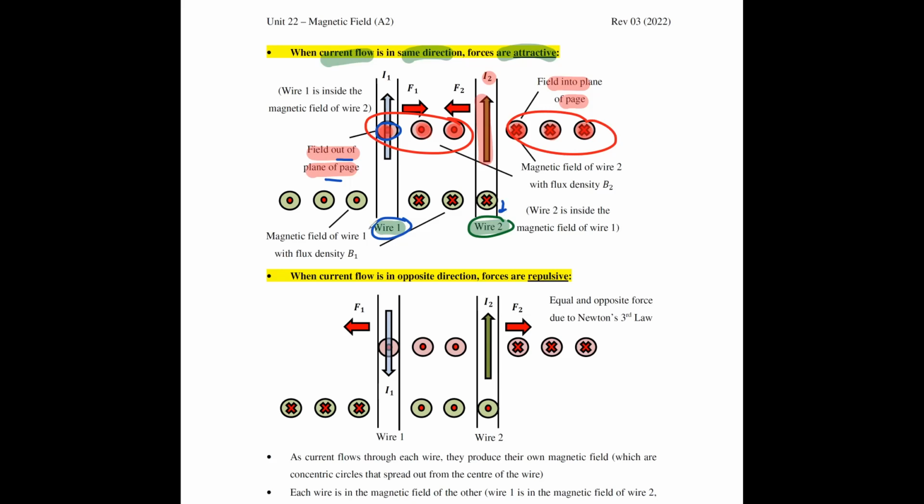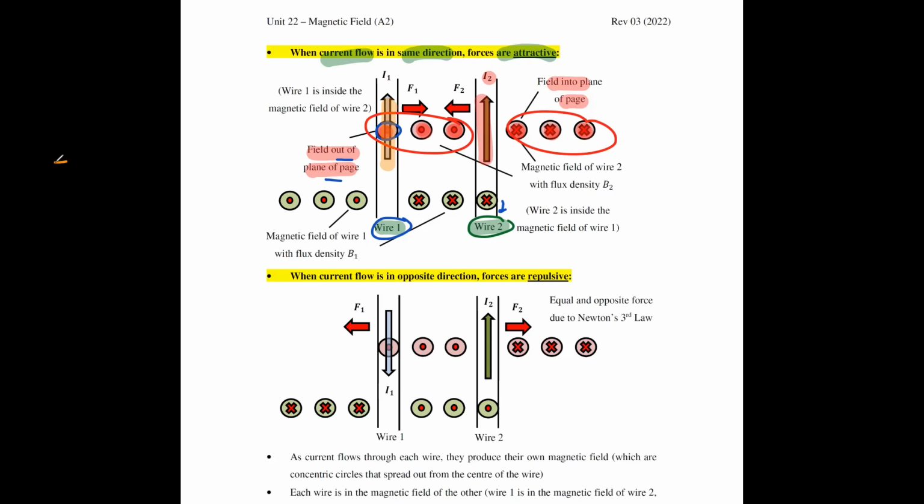So wire 1 is inside the magnetic field caused by wire 2, and at the same time there is current flowing through wire 1. There is a magnetic field and a current, so there is a magnetic force exerted, which can be predicted using Fleming's left-hand rule.